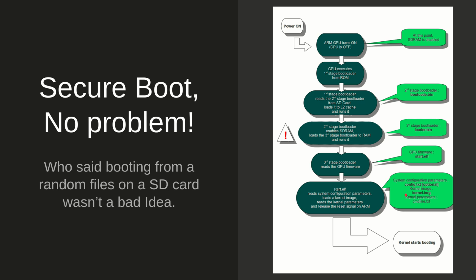I actually never used that. Basically, it loads the kernel image into memory and executes it. Then it finally turns on the ARM by releasing the reset signal on the ARM, and the kernel starts working. So basically, the GPU sets it up, and the CPU just then runs the kernel.